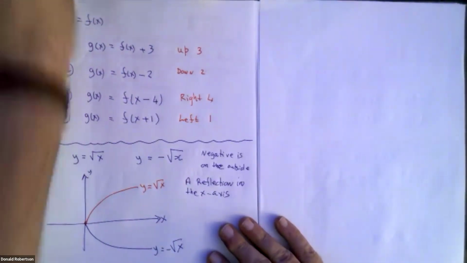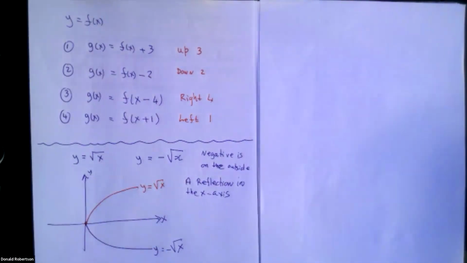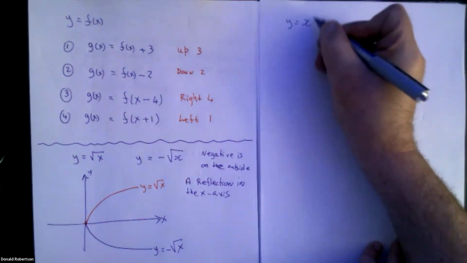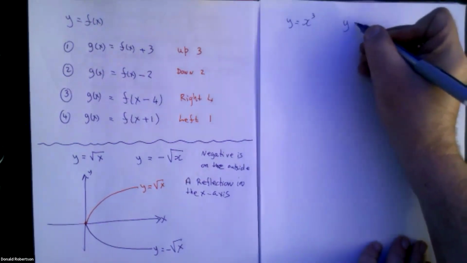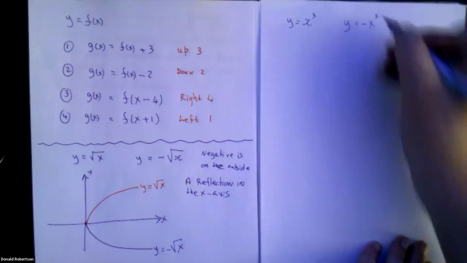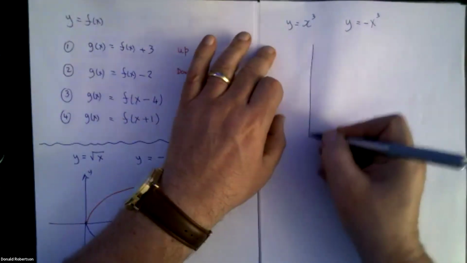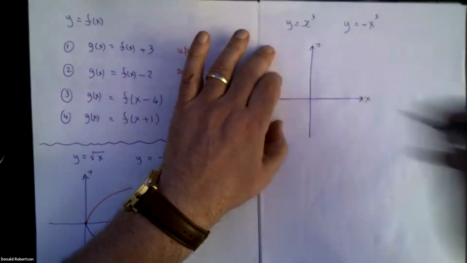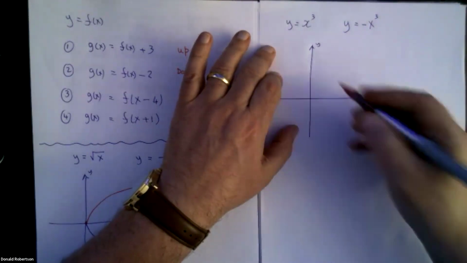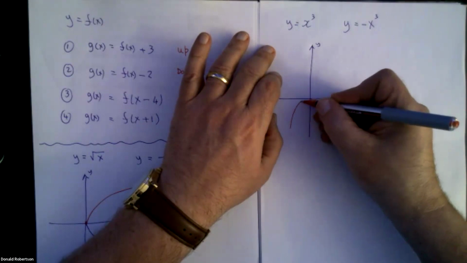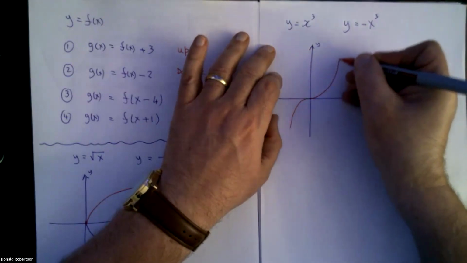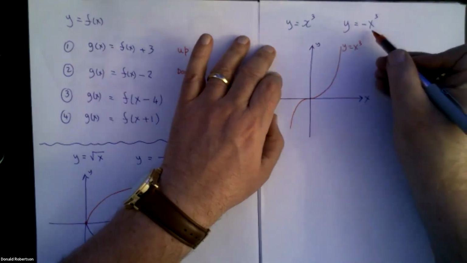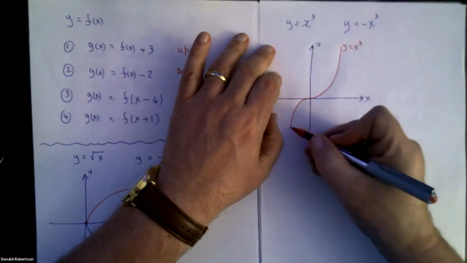Now, let's try another one. Suppose it was x cubed and you wanted to sketch that guy. Well, we know what x cubed looks like. It's that guy. And we know this is a reflection in the x-axis.